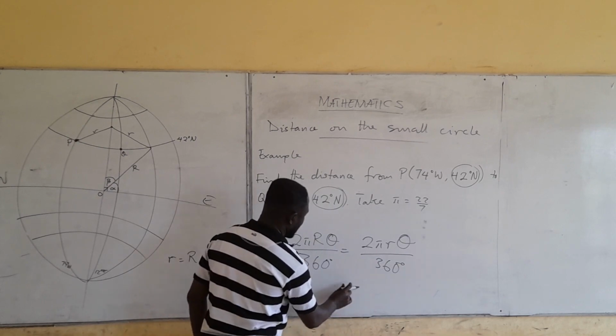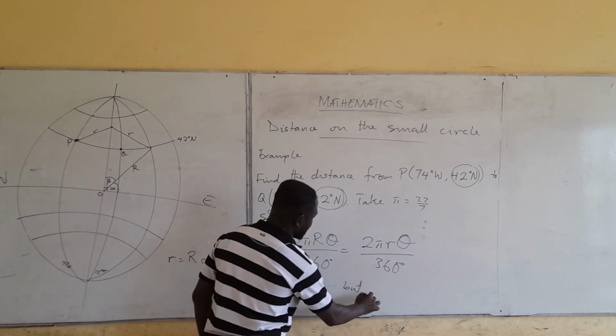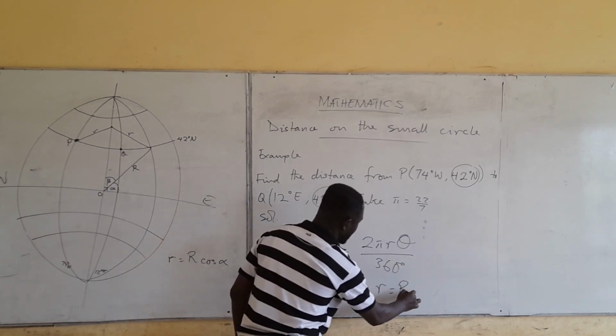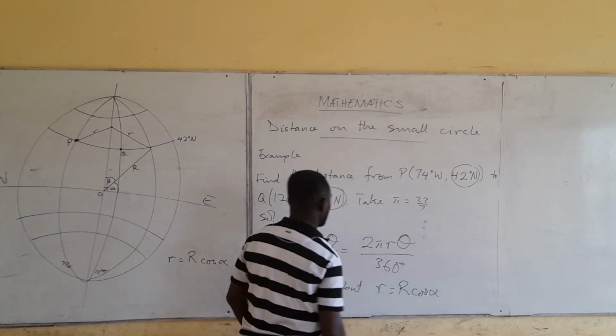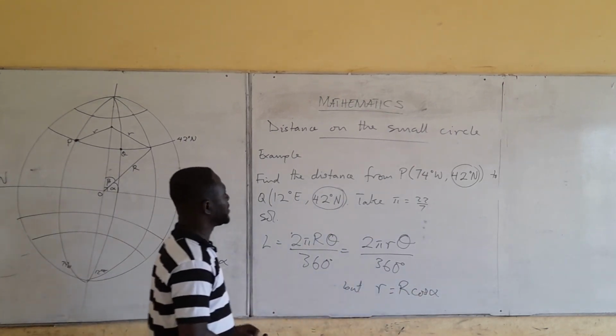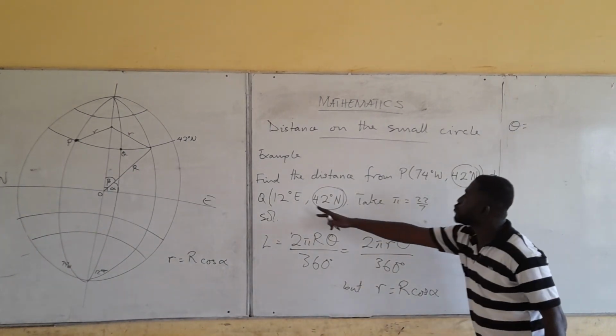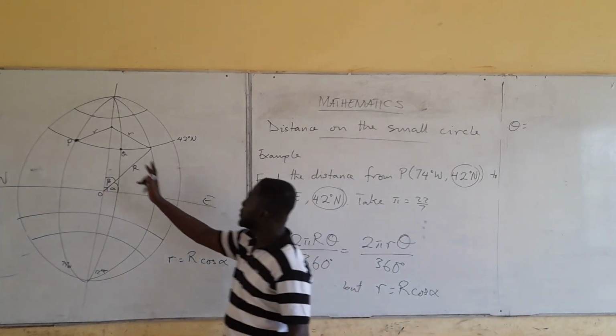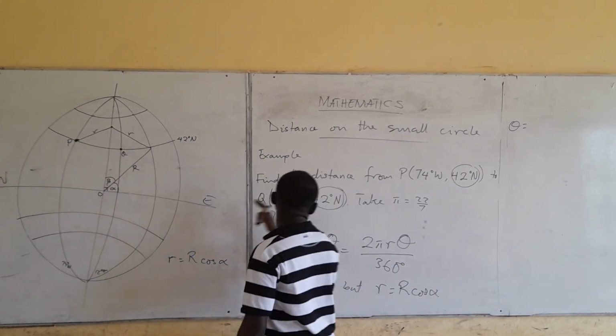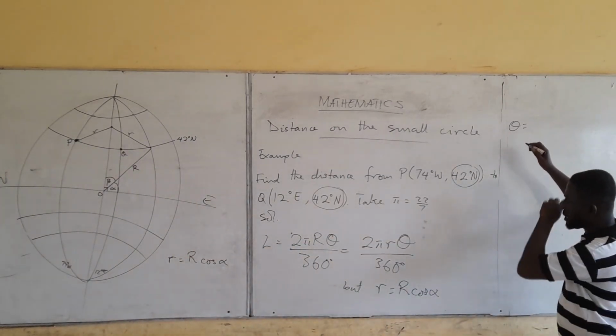But our small r is equal to big R cos alpha. Okay, so let's start from the theta. Our angle theta is equal to, we have two different locations, that is west and east. So in that sense, we need to add the angle.